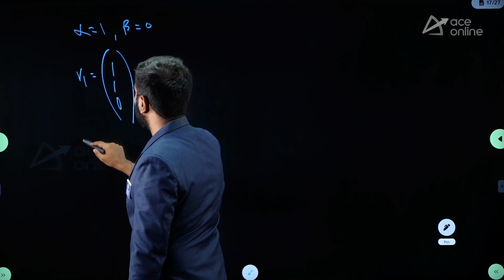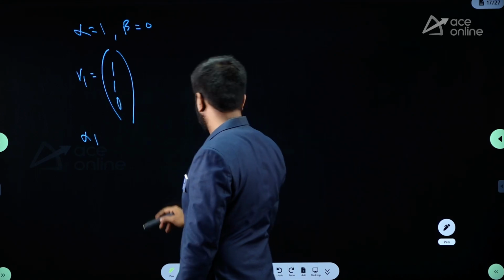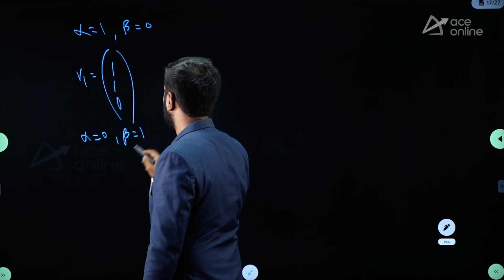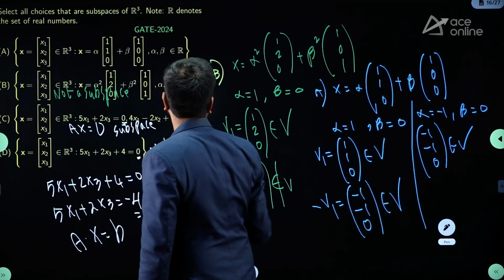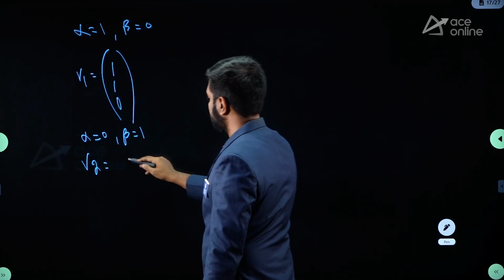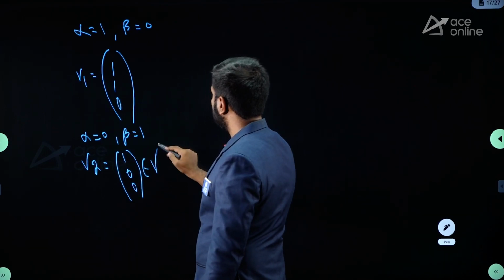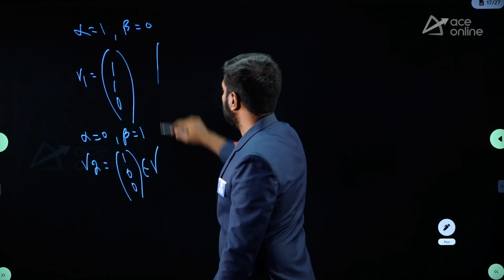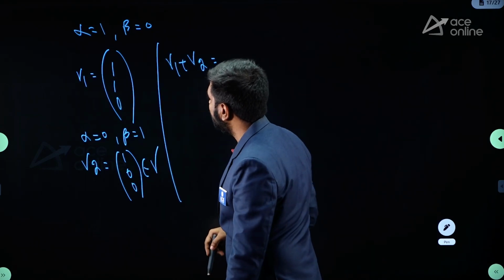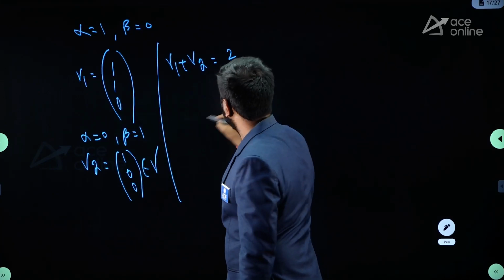Now let's create V2 by taking alpha as 0 and beta as 1. So what is V2, students? When you substitute alpha 0, 0 into this is 0, 1 into this is (1, 0, 0). So clearly V2 belongs to V. Now students, what is V1 plus V2? You add it: 1 plus 1 is 2, 1 plus 0 is 1, 0 plus 0 is 0.